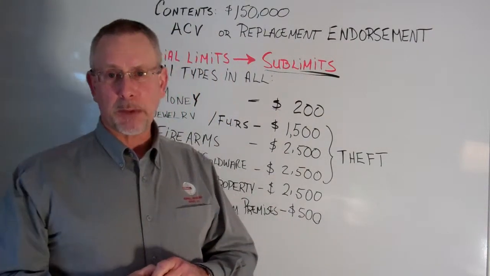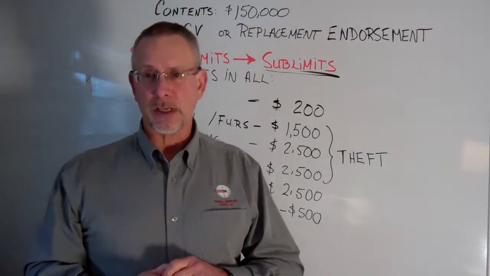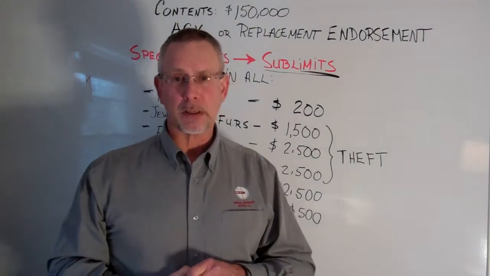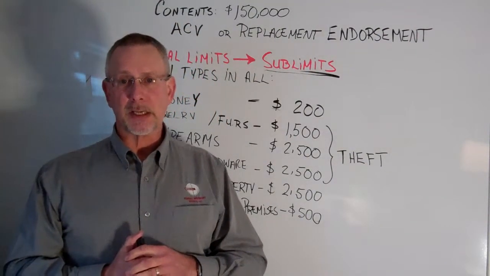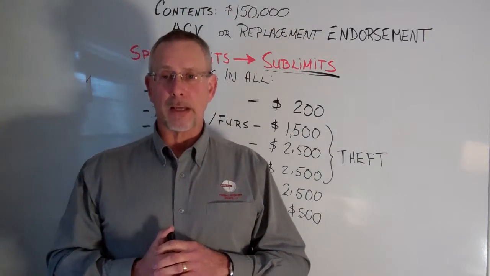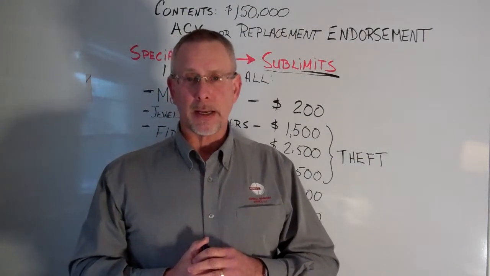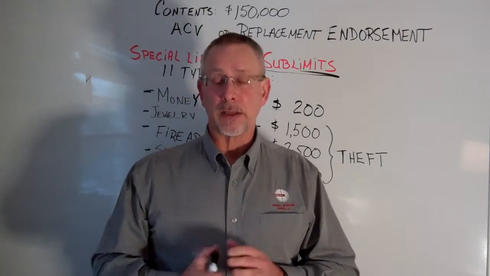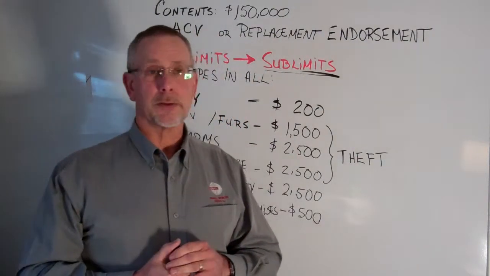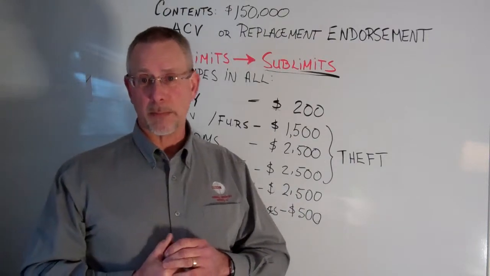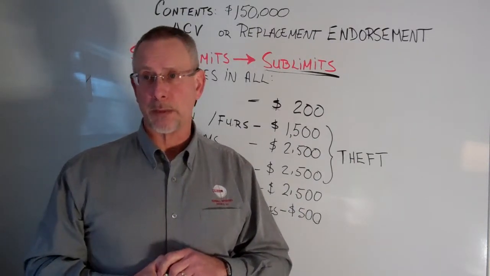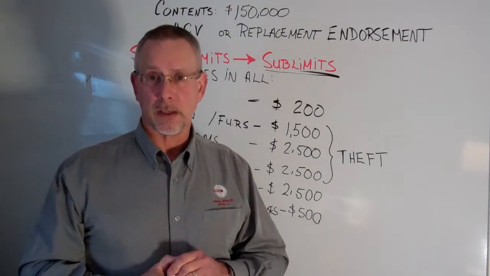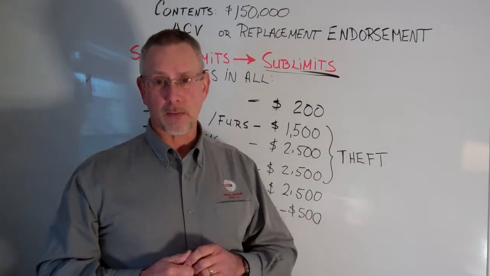Now, with these sublimits within your policy, the insurance company is limiting the payment, unless you want to place an endorsement on selected items to purchase additional coverage on these items. This usually entails additional premium as well, so you have to make a value judgment whether you want to pay the increased premium to get the increased coverage.